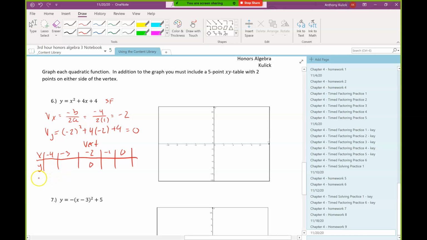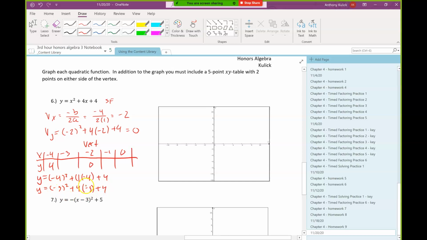To find the y-coordinates for those x's now, I'm just going to plug those values for x in. So negative 4 squared is 16. 4 times negative 4 is negative 16, plus 4 is 4. And we'll plug negative 3 in.